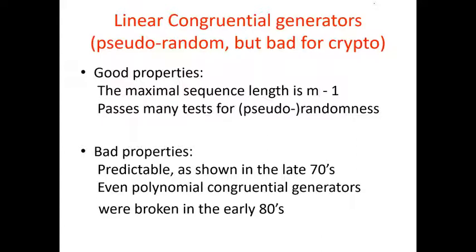So the maximal sequence length is large, and they pass many tests for pseudo randomness or randomness. Bad properties, as we said, they are predictable. Even polynomial congruential generators were broken very easily in the early 80s itself. So 70s, 80s itself, they discarded the use of LCGs for cryptography.